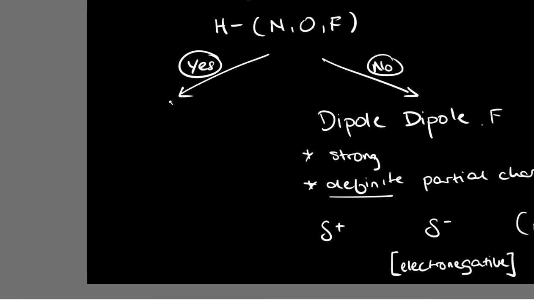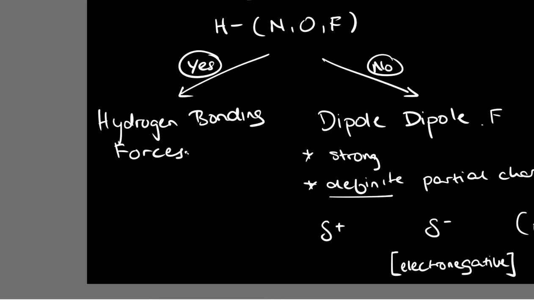Now, if the molecule has hydrogen bonded with nitrogen, oxygen, or fluorine, this is what we call hydrogen bonding forces, and it's quite famous. The name itself is slightly misleading because, like I said in the beginning, they're not actual bonds.